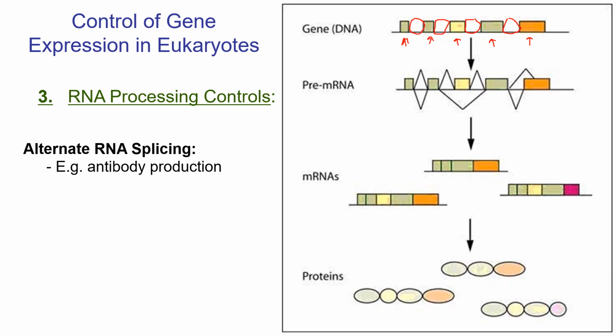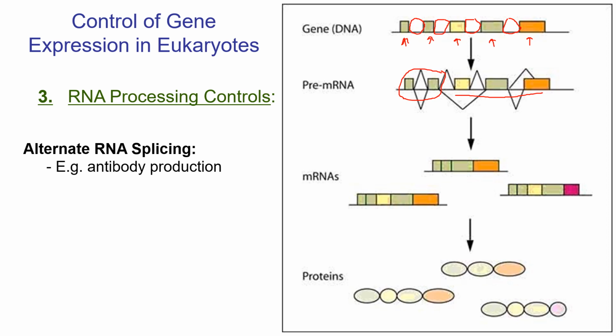What happens is one big messenger RNA is made, and then those non-coding regions are cut out, and the other pieces are spliced together, and that gives us our messenger RNA. But what might happen in one cell is that maybe all of this is going to be cut out too, and then perhaps we can get a messenger RNA that just has these 3 codons here.